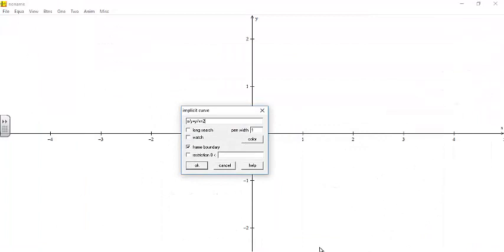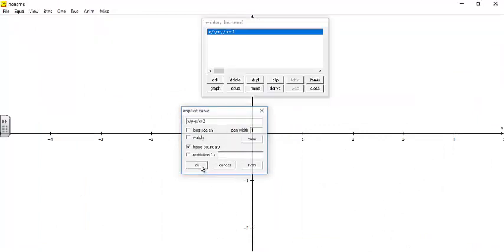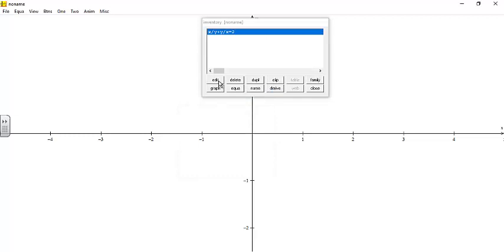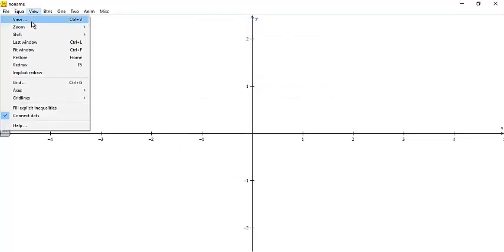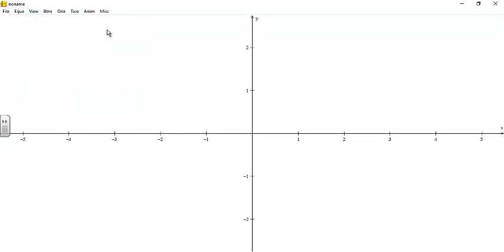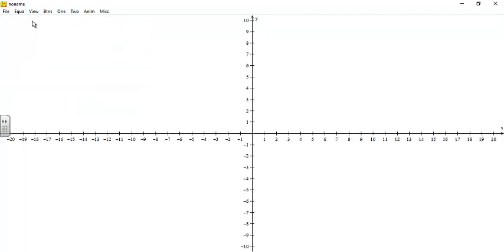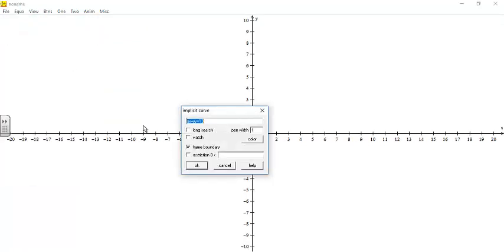Okay, so let's plot this and see what it looks like. Nothing happened. When that usually happens, we zoom out and see if it's just that I'm not seeing it. So I'm going to zoom out a little bit here. Let's try it again. So y divided by x plus x divided by y equals 2.